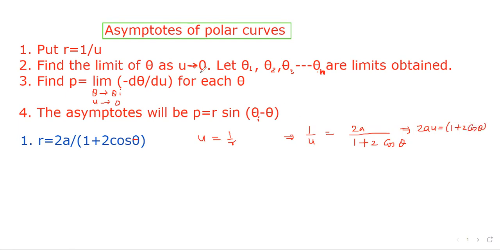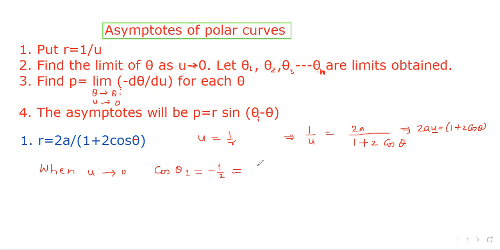Now, the second step is, when u tends to 0, we have to find out the limits for theta. So let's write it. When u tends to 0, then cos theta 1 is such that 0 equals 1 plus 2 cos theta 1, where theta is replaced by theta 1, so we will get cos theta 1 equal to minus half.